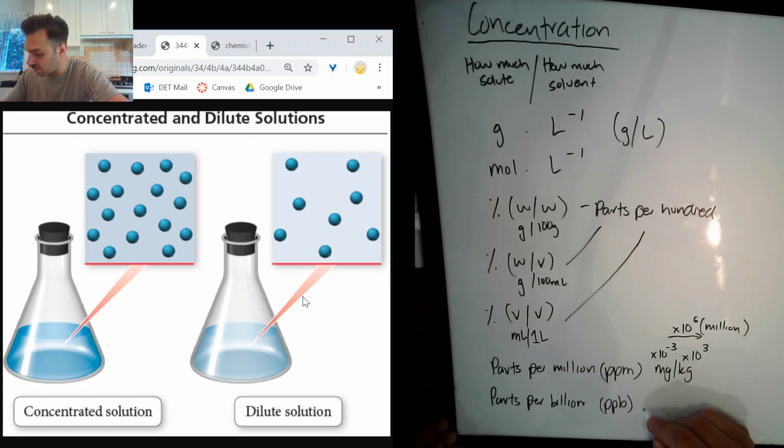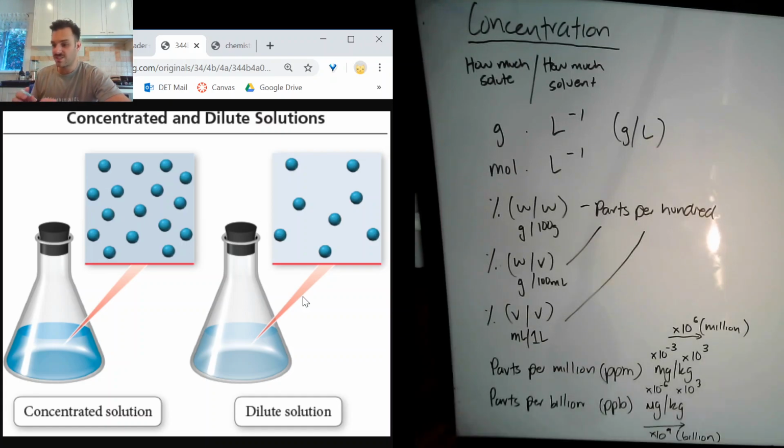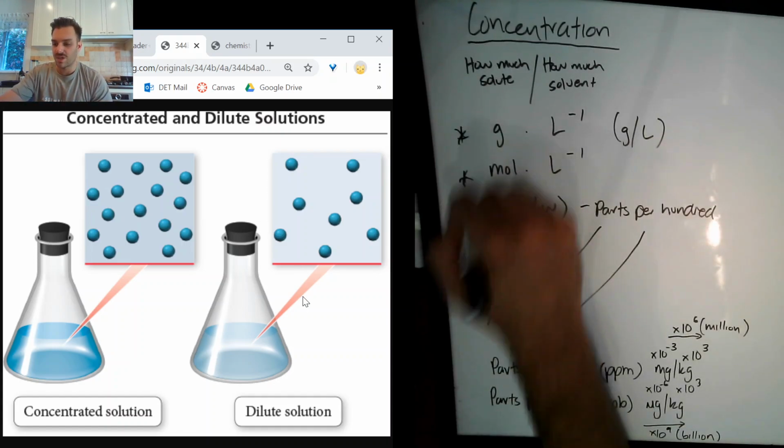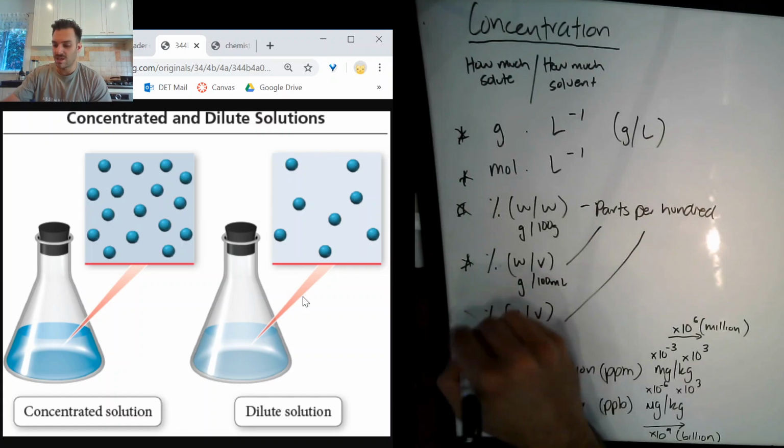A billion is 9 zeros, so micrograms per kilogram would be an example of parts per billion. Micrograms is times 10 to the minus 6, and kilograms is times 10 to the 3, so to make that jump we're talking about times 10 to the power of 9, which is a billion. These are some pretty standard units of measure that you might see used.